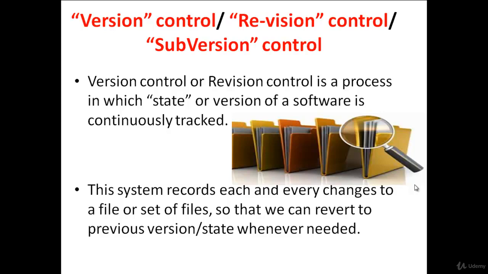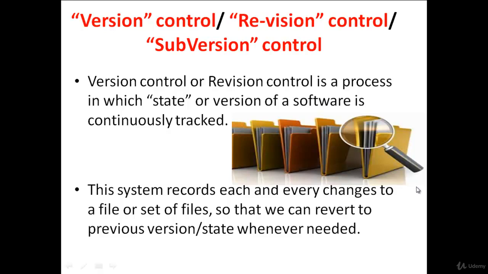This system records each and every change to a file or set of files that we make during development, so that we can anytime revert back to the previous version or previous state of the code whenever there is a requirement, right? So everything over here is being tracked by the version control tool, right? If we make even a single change to our code, that will also be tracked by the version control tool, right?